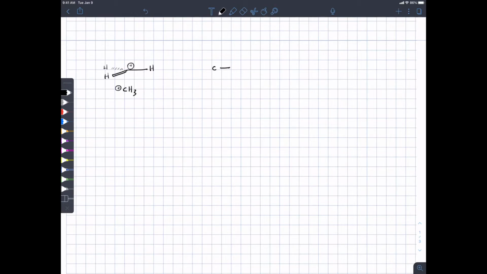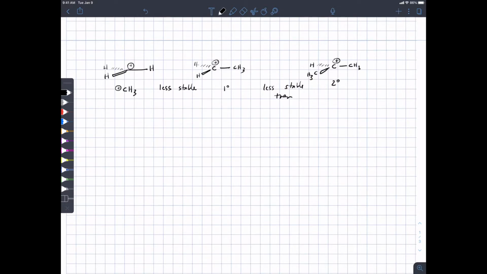All right, so it turns out that methyl cations are less stable than primary carbocations, which are less stable than secondary carbocations, where we replace two of the three groups on the trigonal planar carbon with non-hydrogen things.